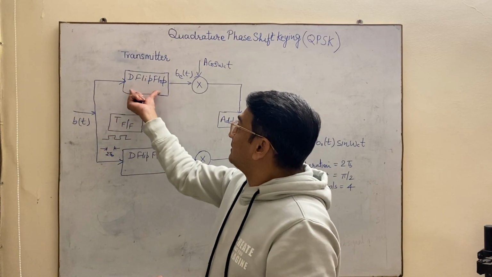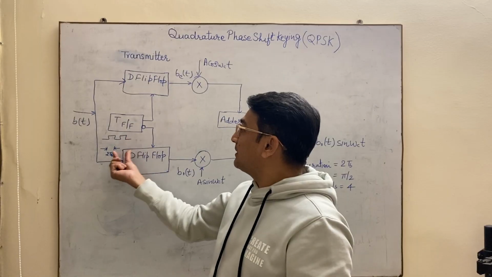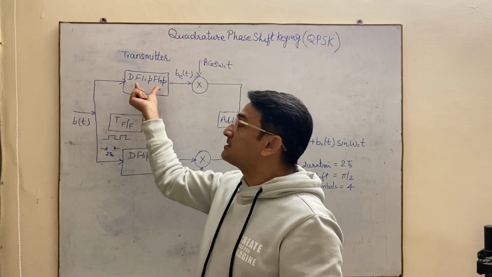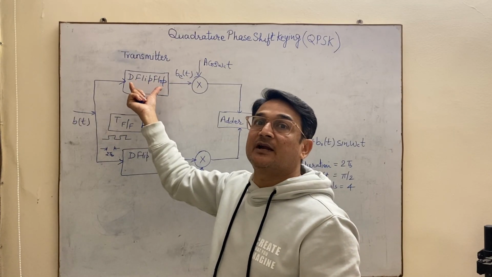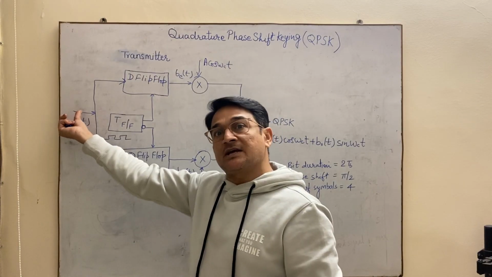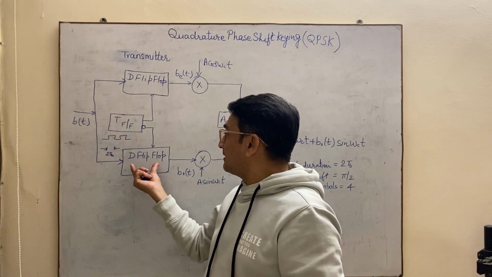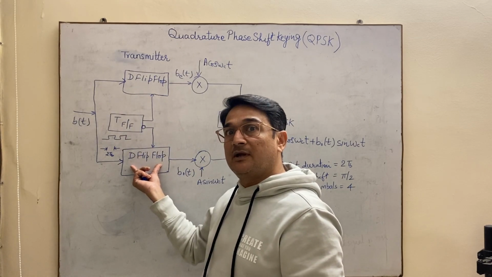Now the bit duration is TB seconds, so that means every bit is coming after TB seconds. But this D flip-flop is storing the bit for how long? For 2 TB seconds. So when the first bit enters this flip-flop, it will stay there for 2 TB seconds. But after TB seconds, the second bit from the bit sequence enters this D flip-flop.